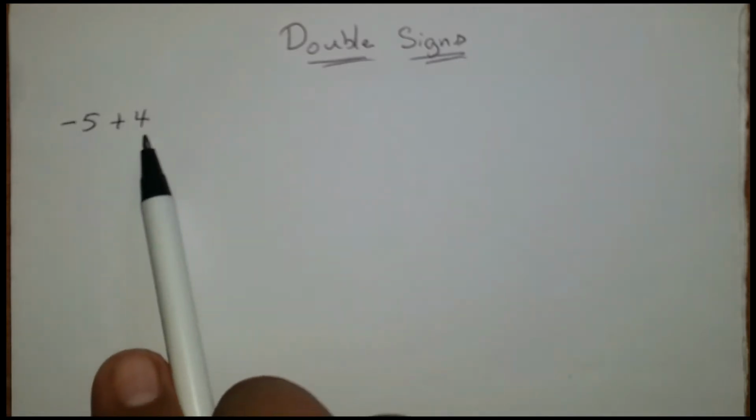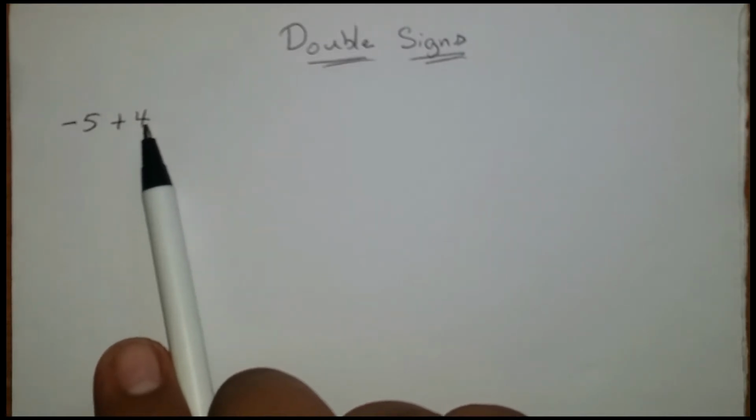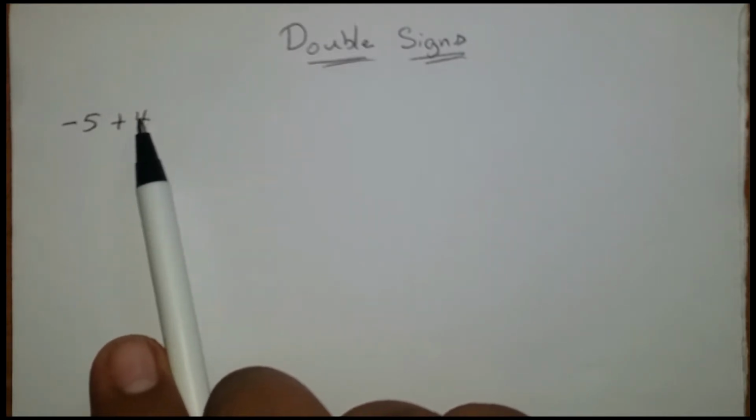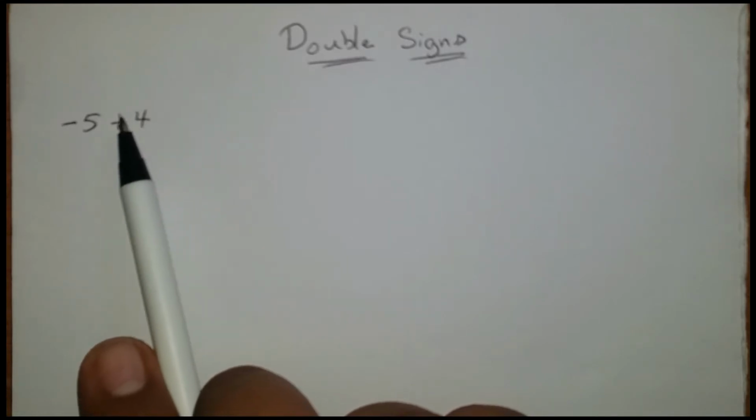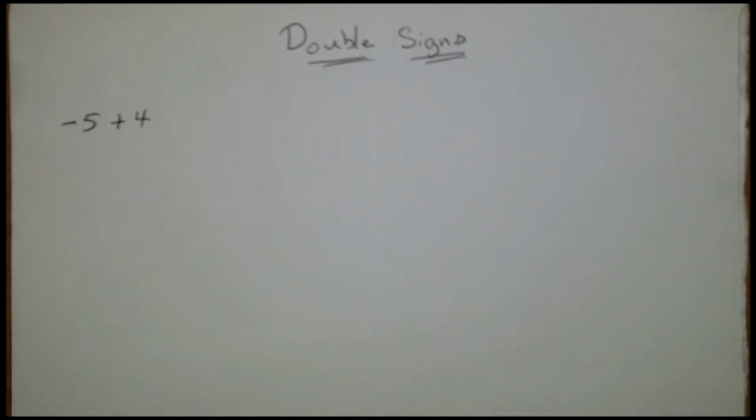The 4 is positive, or if you hear plus 4, or add 4, add, plus or positive means that the number is positive. So don't get confused. Negative, minus, subtraction sign, they're all the same. Positive, plus, addition sign, they're all the same.